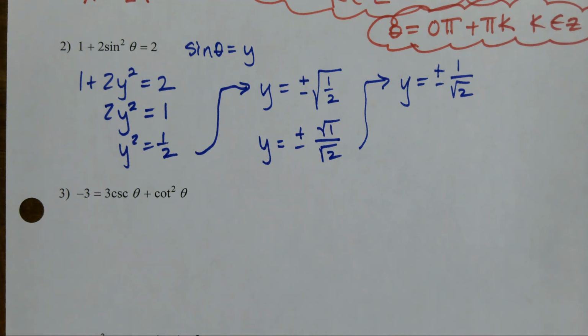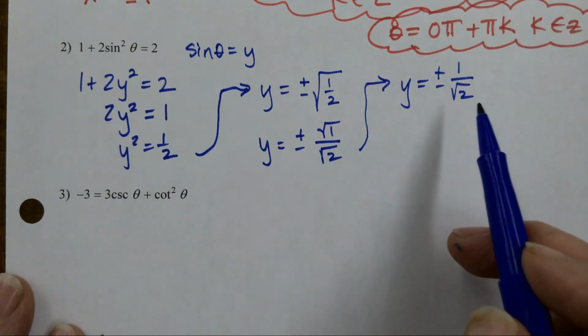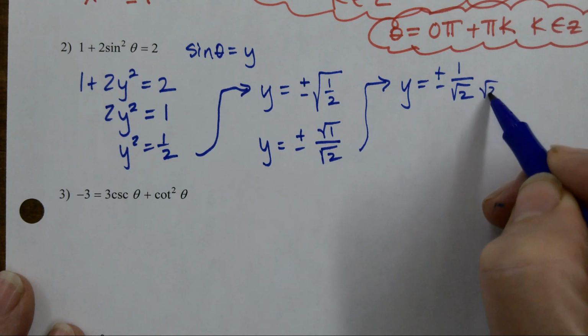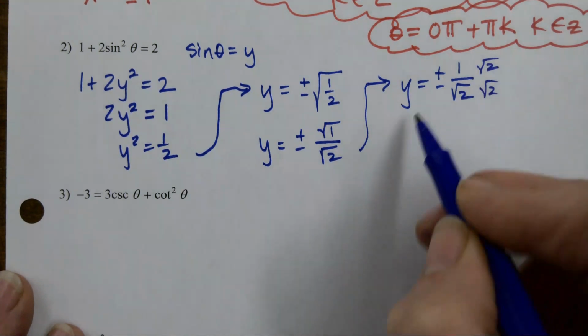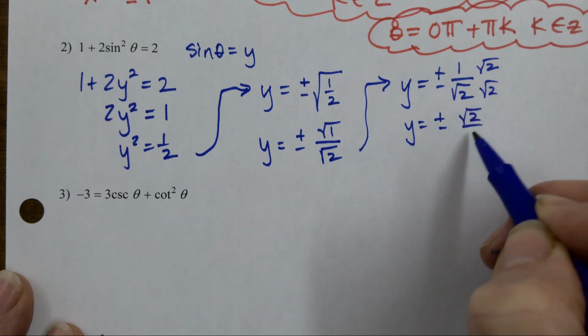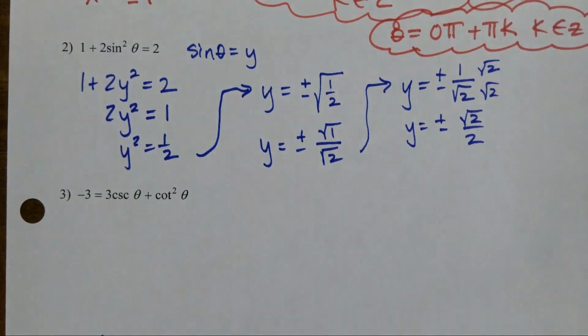And right now, this doesn't look like something we know. But remember, rationalize the denominator, and then you should start to see something that looks a little nicer.